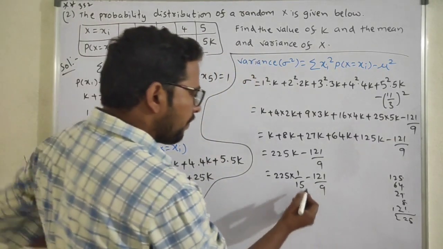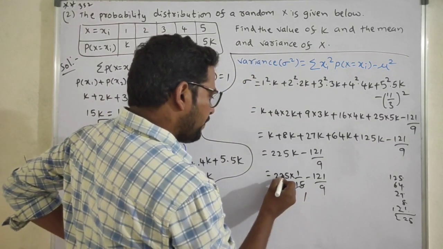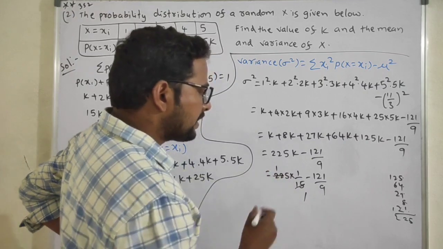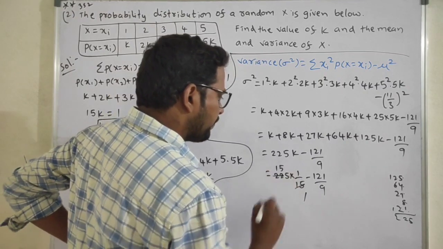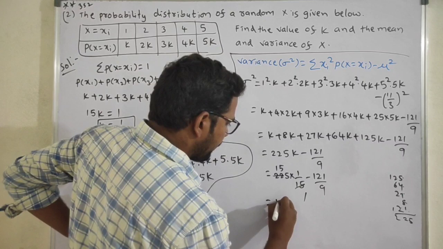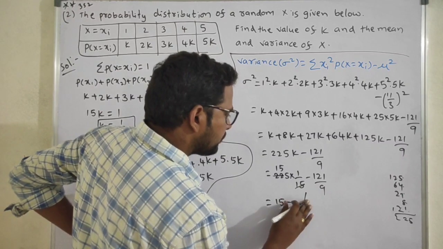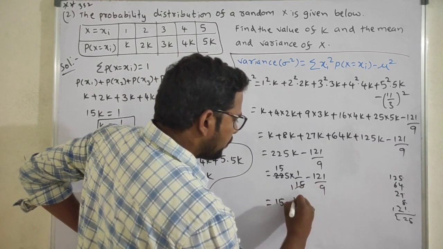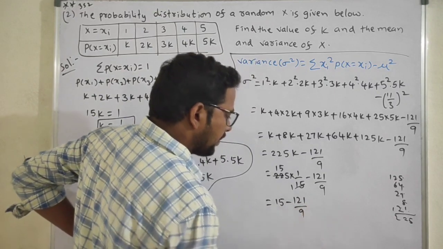So 15 ones are 15, remaining 75, 15 15s are 225. So it is equal to 15 minus 121 by 9.